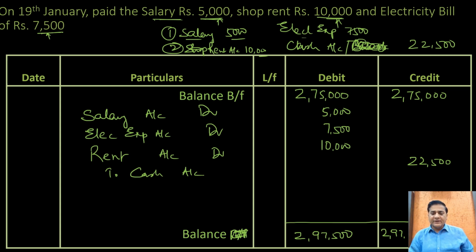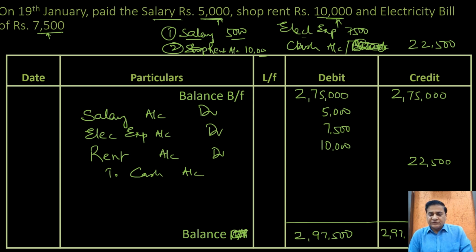I hope the concept of compound journal entries is clear by this time. It is very simple. What we need to do is combine two or three transactions which happen on the same day or which are of a similar nature. We would club that together and make one entry instead of passing more than one journal entry.